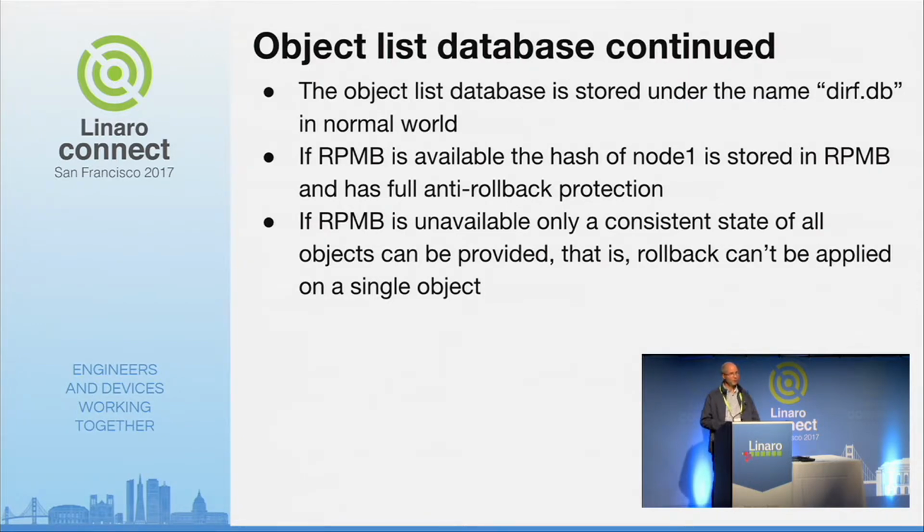Yes, that's correct, but it will limit the attack that you can make. So it's slightly better, and maybe there's another way of keeping track of this counter that could make rollback harder, because RPMB is maybe not available since it's a bit expensive.